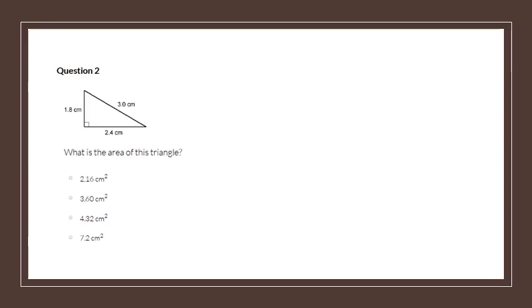What is the area of this triangle? So we always write down our formula first. So then I'm going to plug in what I know. I know my base is 2.4, and my height, that's the part parallel to the base, is 1.8.